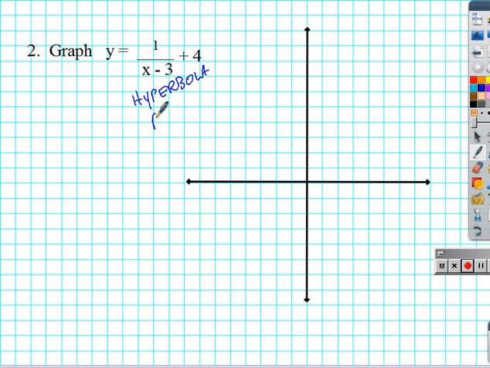All right, with a right shift of 3 and an up shift of 4. Now in a hyperbola family, the right shift and the up shift are what determine your asymptotes. So first, the right shift of 3 will give me a VA at 3, and I use a dotted line to symbolize that. And then up 4 would be my HA, my horizontal asymptote.